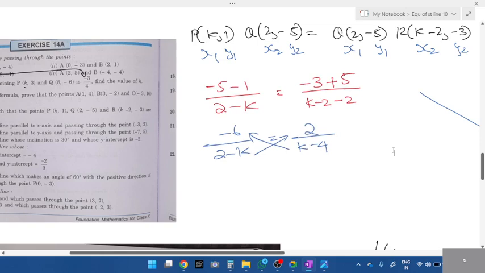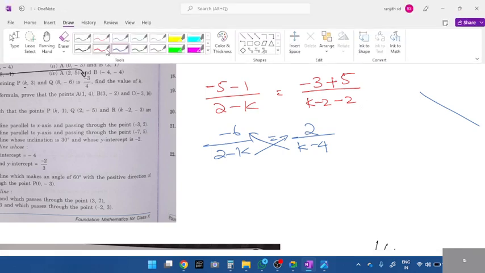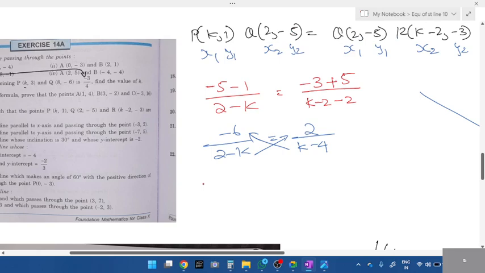I think this is where you have gone wrong. Let me check. X2 is k minus 2. Minus of minus 2. Okay, it becomes minus 4. Then when you cross multiply, tell me the direct value. Minus 6k plus 2k. Next, minus 6k is greater. Try to shift it.